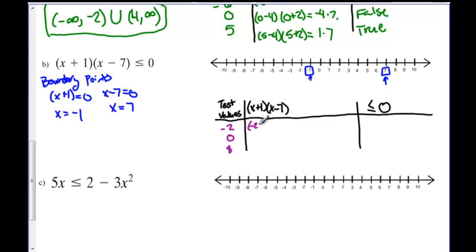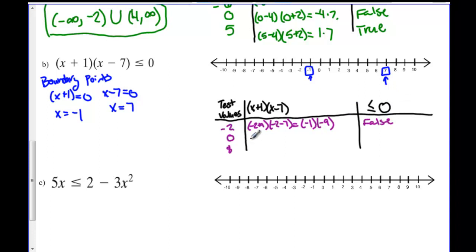So we got negative 2 plus 1 times negative 2 minus 7. The negative 2 plus 1 is going to give us a negative 1. The negative 2 minus 7 is going to give us a negative 9. A negative times a negative gives us a positive. A positive is less than or equal to 0. False, correct. So that's going to be false.